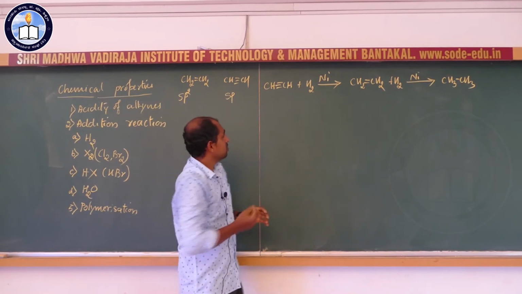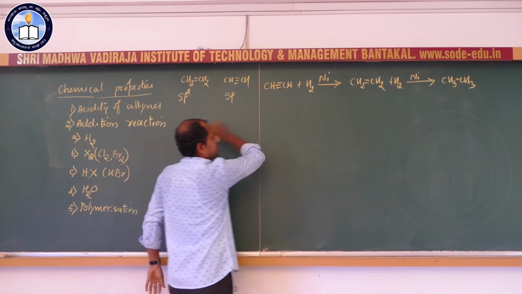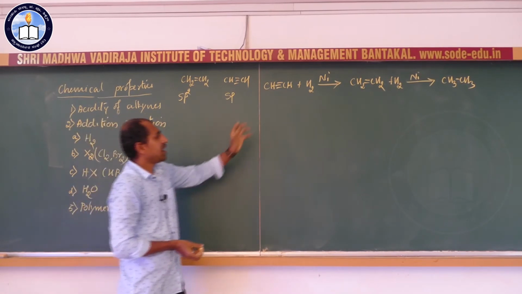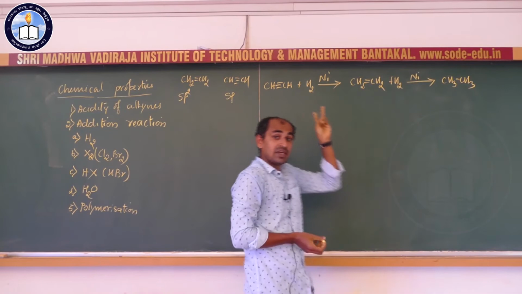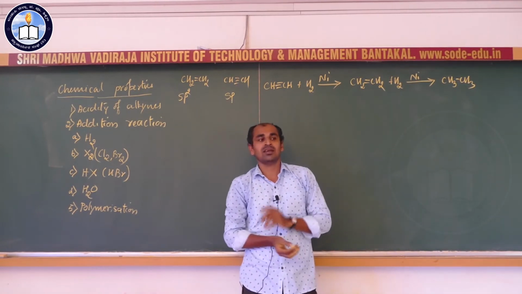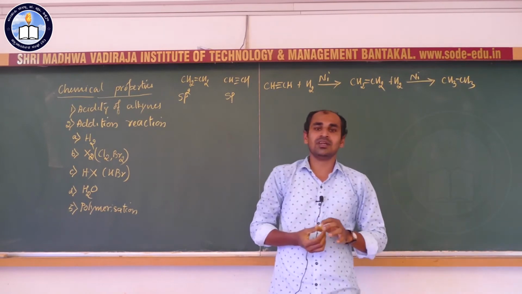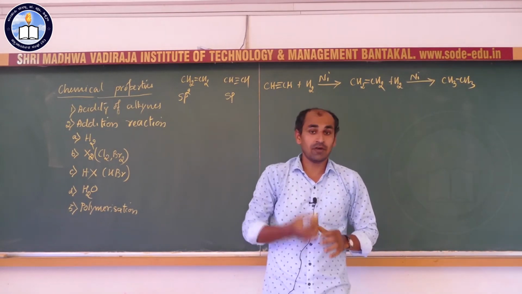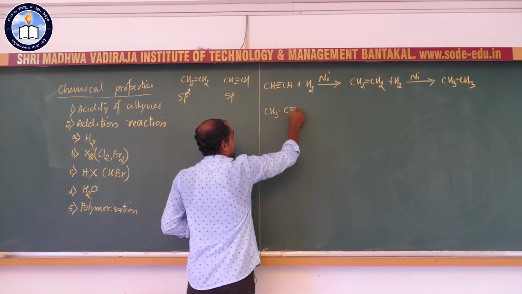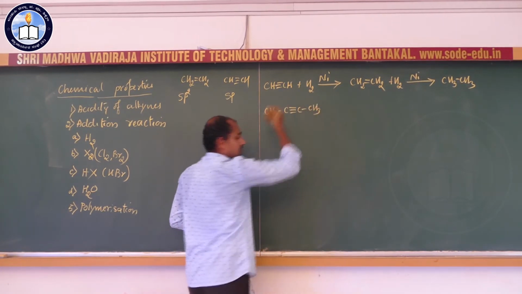But you know, in your alkene chapter, you have studied that alkyne can be converted into two types of alkenes. One is cis alkene, another one is a trans alkene. How can you convert? Say for example, I will take this alkyne, non-terminal alkyne.